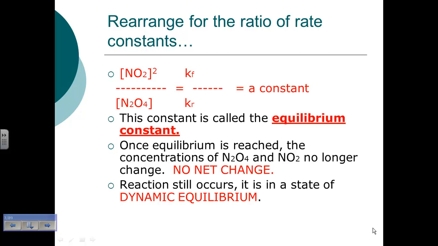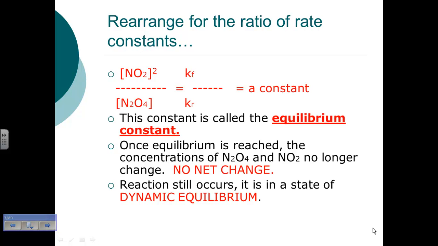So we'll do that by simply dividing both sides by Kr, the reverse, divide both sides by Kr, so you simplify, and then divide both sides by N2O4. We get the following expression.